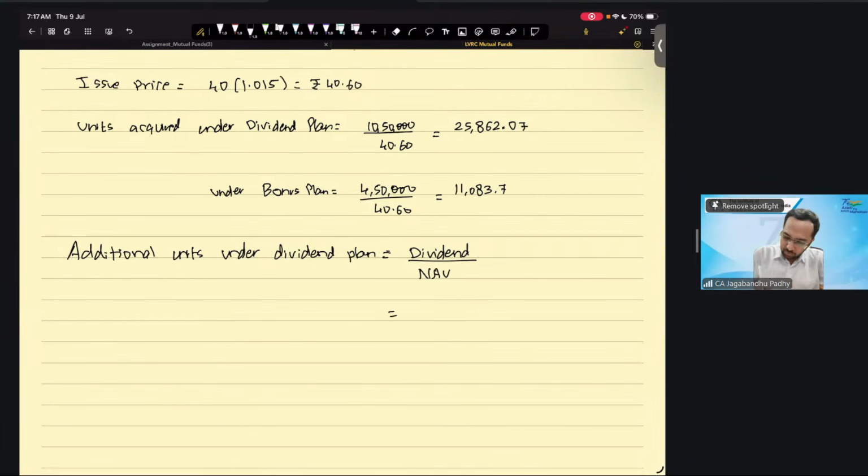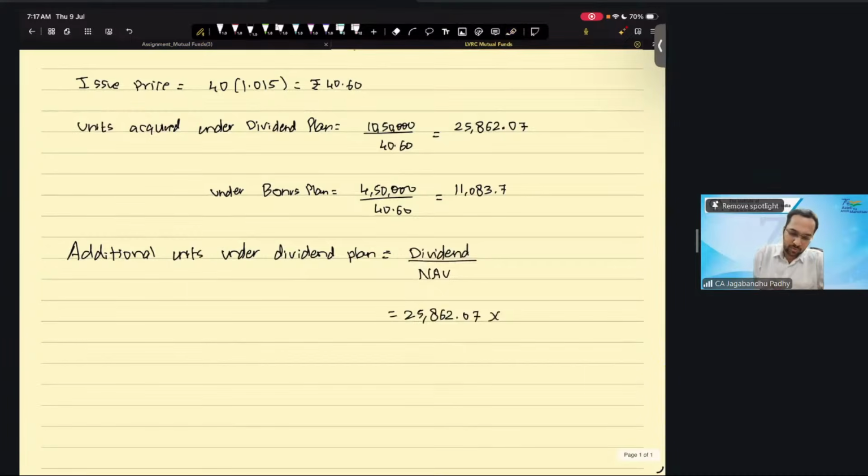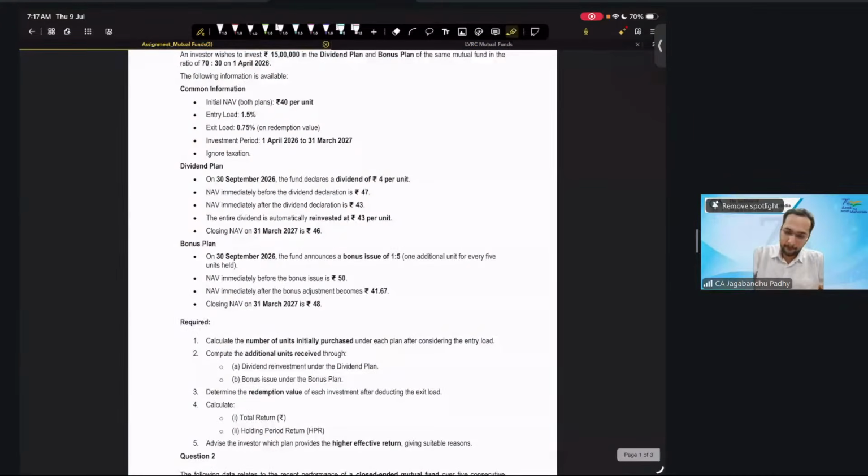The dividend amount will be 25,862.07 units into the dividend paid, which is 4 per unit, divided by the NAV at which it is reinvested. The NAV after dividend declaration is now 43, and the entire dividend is reinvested at 43 per unit.